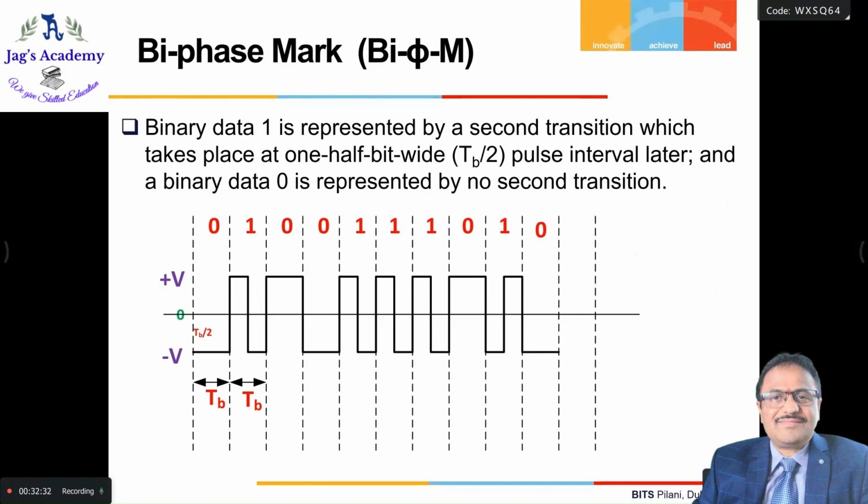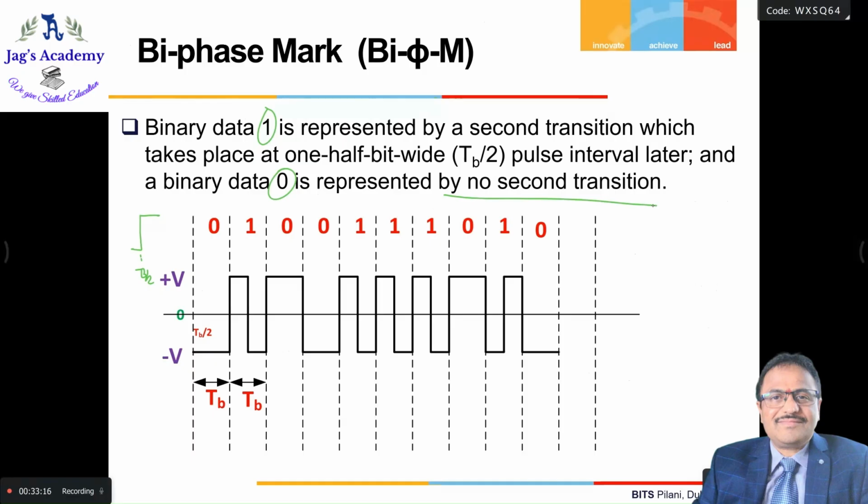What is biphase mark? Can you read this and try to understand? Whenever 1 comes, there is a transition happening through the Tb by 2, in between. Whenever there is a 0, there is no second transition.